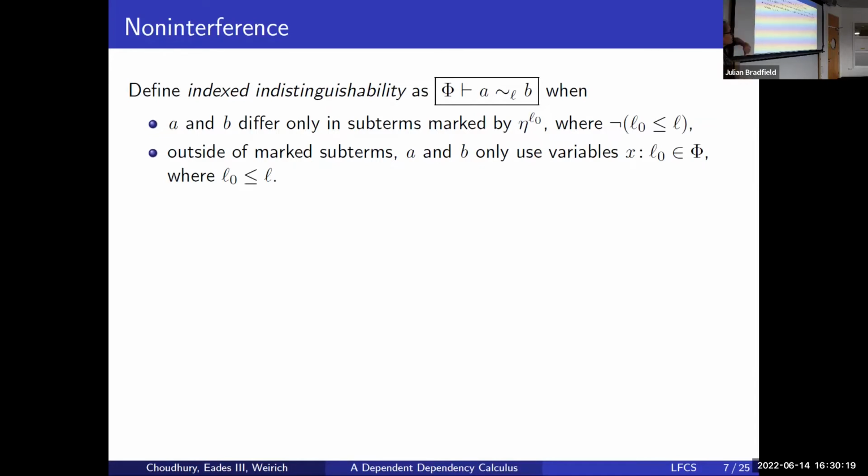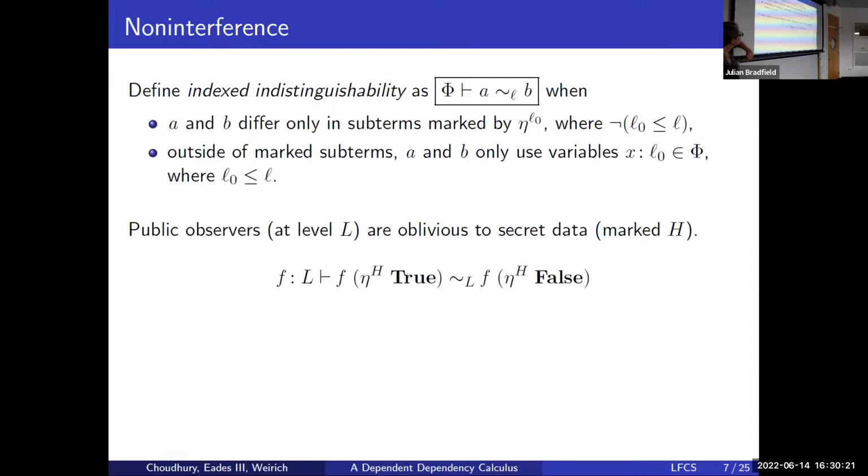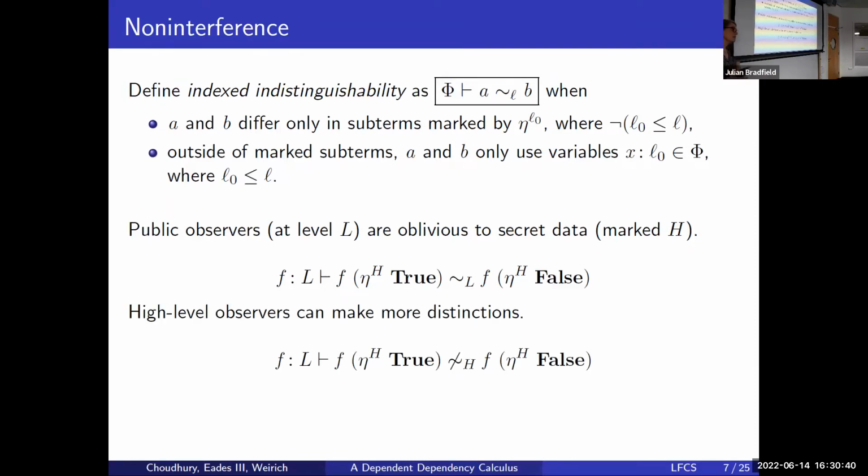Okay, so we have this relation, and just to give you some examples of the relation. Here I boxed up true and false. I boxed them up at high. A low observer can't tell the difference between true and false, so these two terms would be related in this relation. But if I had a high observer, they're not going to be related, because the high observer could look inside the box and see that true and false are not the same.